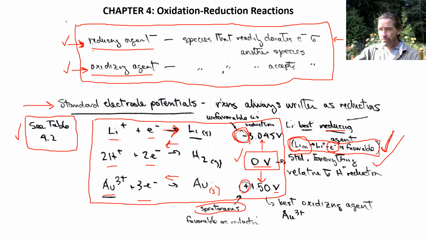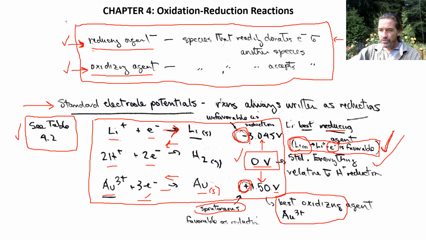On the other end, we have gold 3 plus, accepting 3 electrons, going to gold solid. Written as a reduction, it has a positive value. It is spontaneous in this direction. So we could say that gold 3 plus is a very good oxidizing agent.